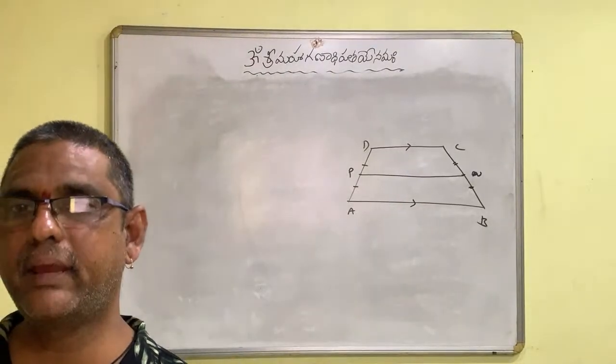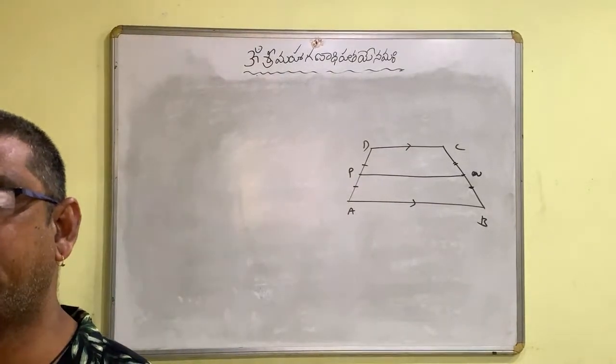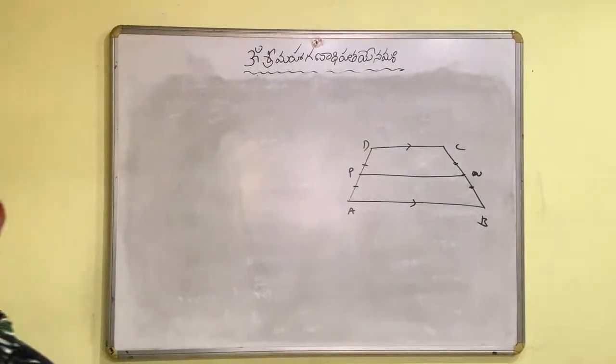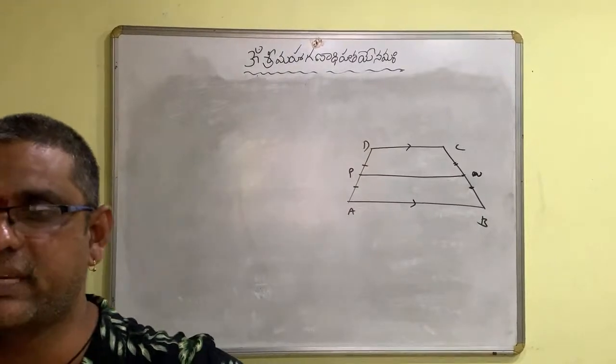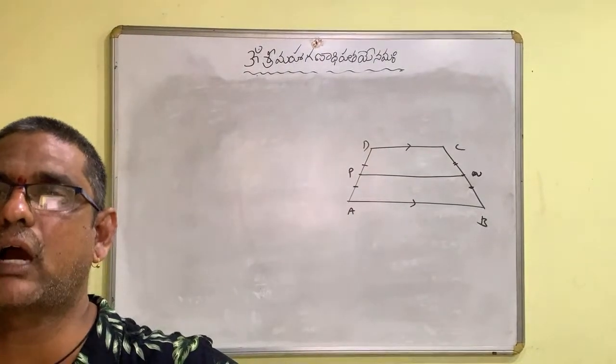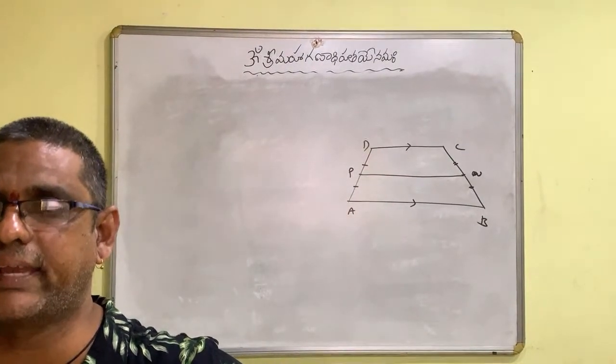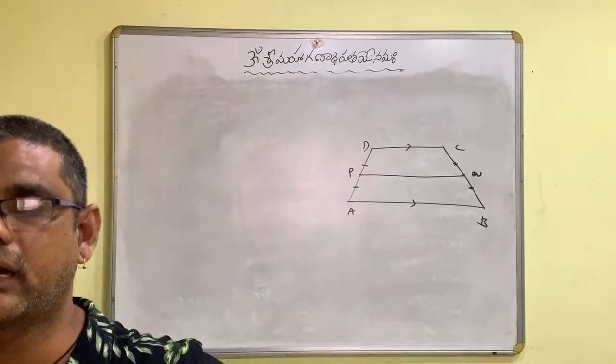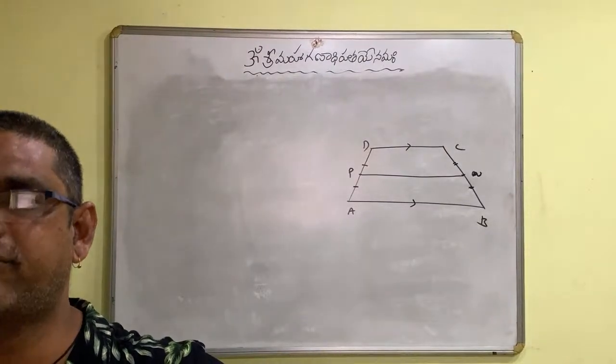Parallel sides are AB and DC, non-parallel sides are AD and BC. So they are also called oblique sides of the trapezium.